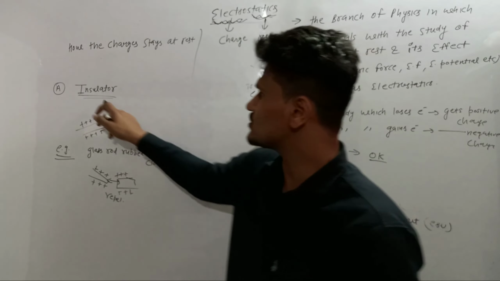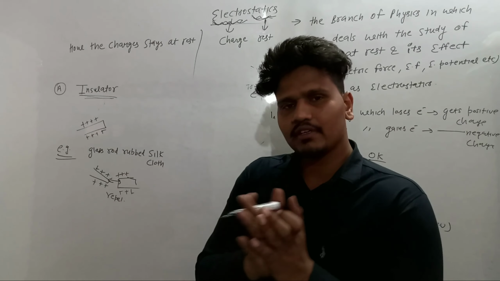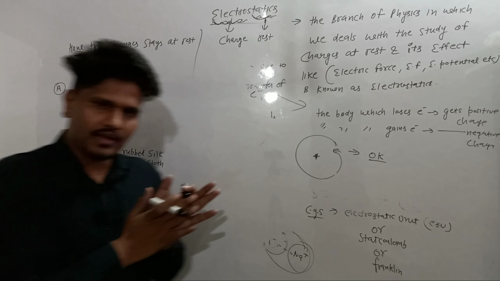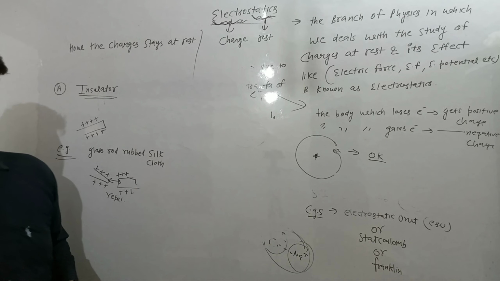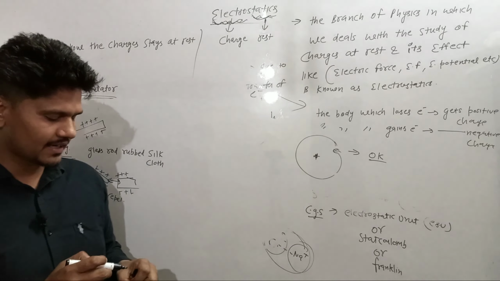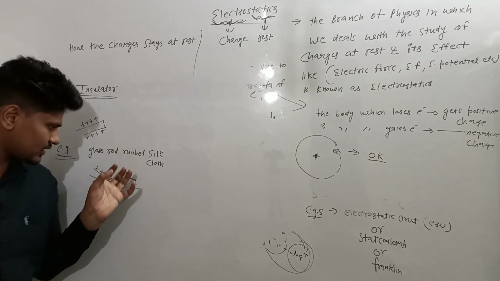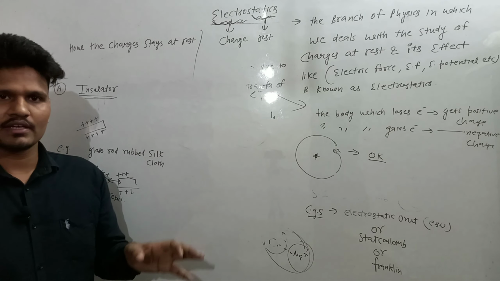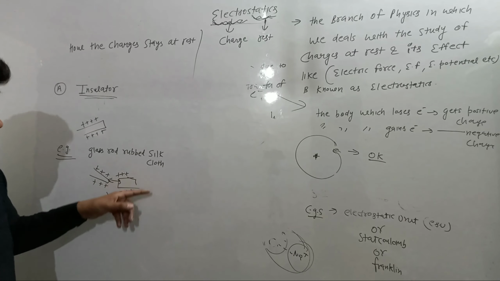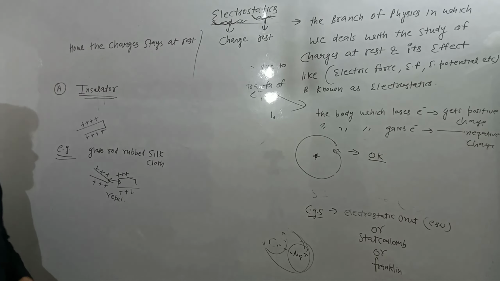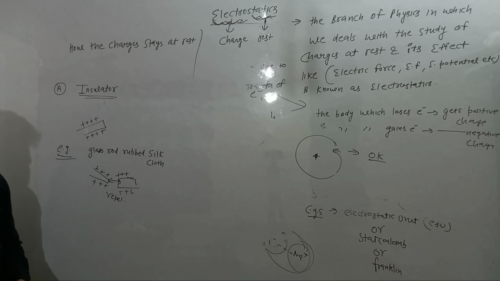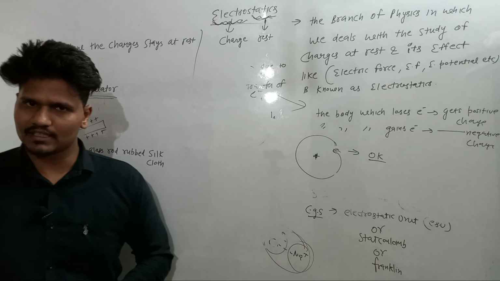Why? The glass rod is an insulator, and when we rub it, we apply some energy against friction, and that energy converts into heat. Electrons absorb that heat, and after absorbing it, the electrons get free. When the electrons are removed, the glass rod gets positive charge and the silk cloth gets negative charge. It is not a matter of concern right now which one gets positive and which gets negative.